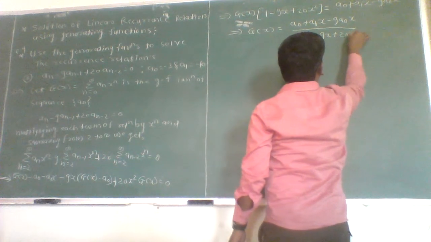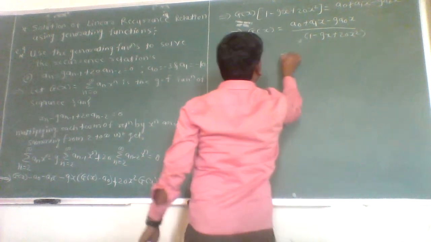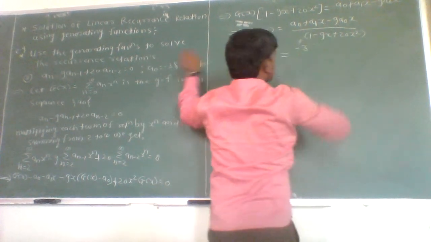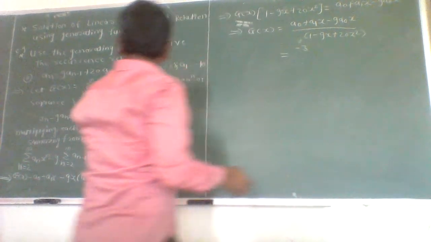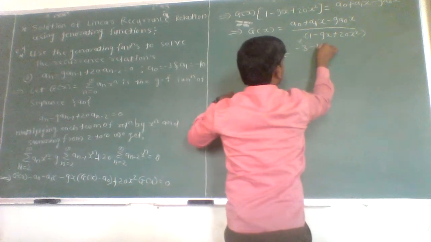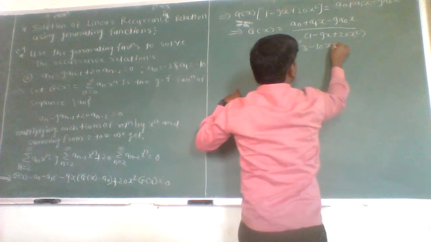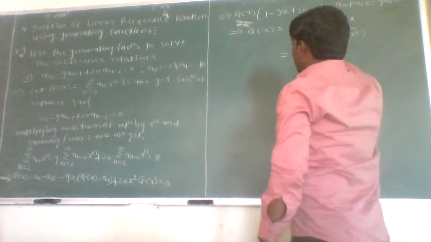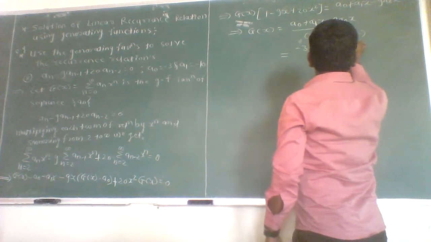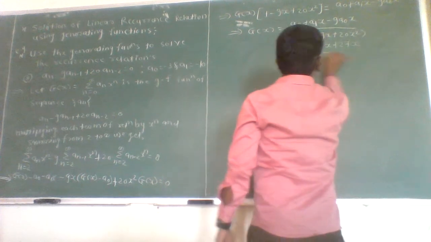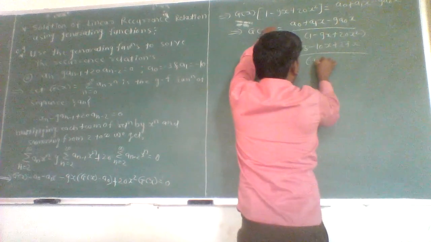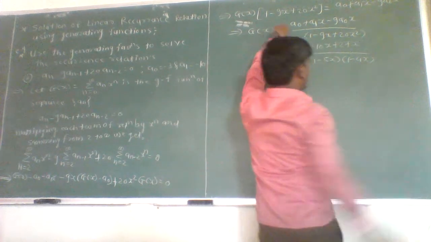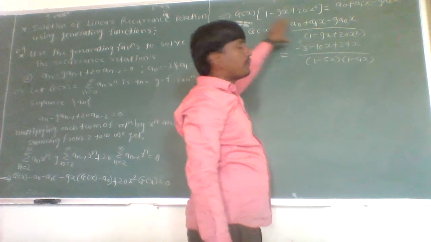plus 20x square, and a naught is minus 3, a1 is minus 10. Minus 10x minus a naught, which is minus 3 into minus 9, plus 27x, divided by 1 minus 5x into 1 minus 4x, which is nothing but 1 minus 9x plus 20x square.